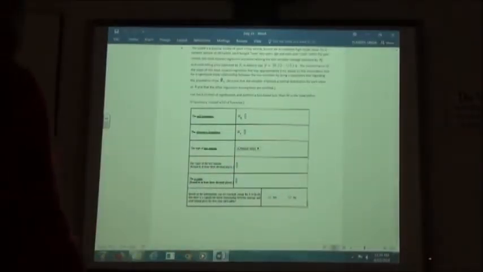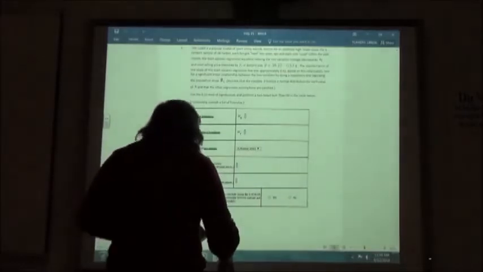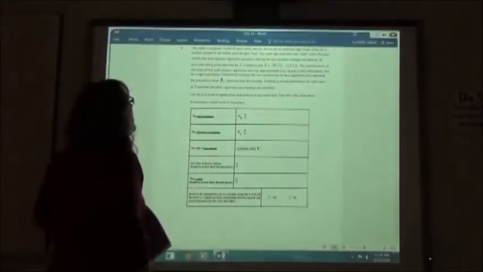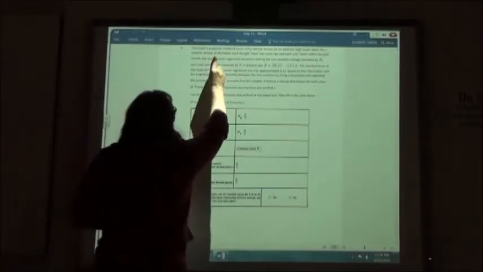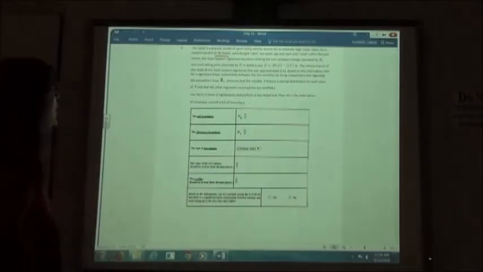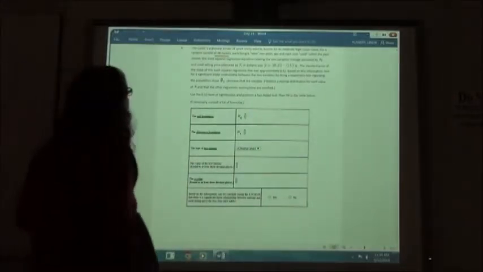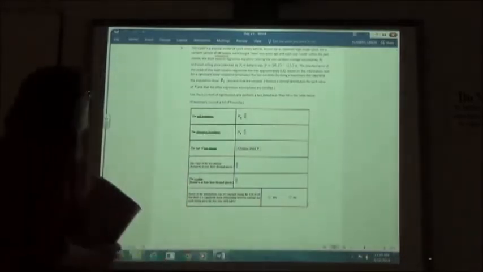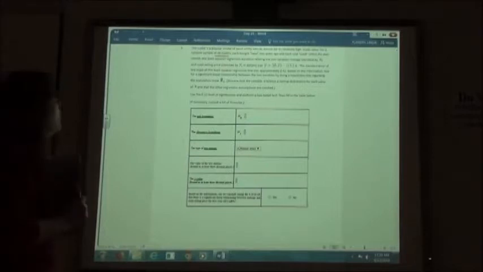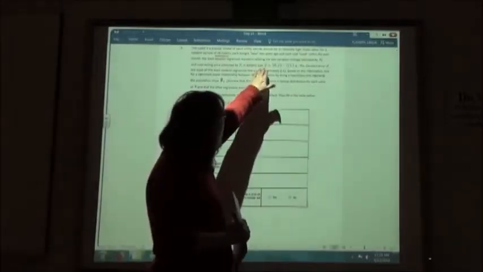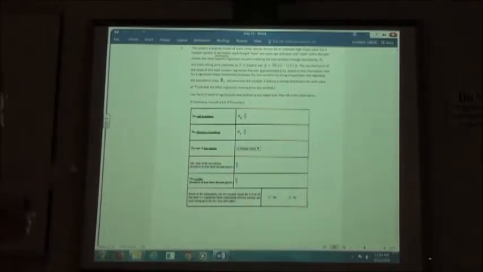All right, number 9. The Cadet is a popular model of sports utility vehicle known for its relatively high resale value. For a random sample of 28 cadets, each bought new 2 years ago, and each sold used within the past month, the least squares regression equation relating the two variables, mileage denoted by x and the used selling price denoted by y in dollars, was y hat equals 38.28 minus 0.53x.